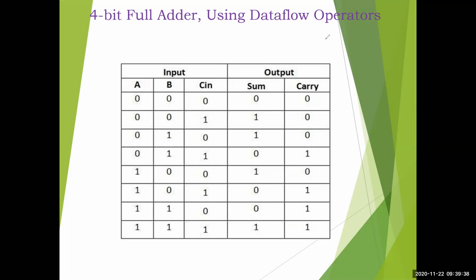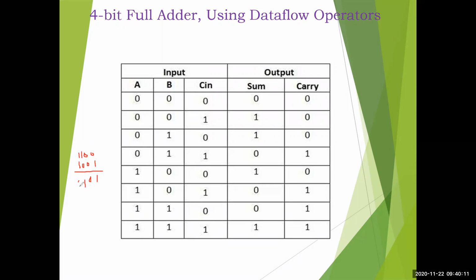Now I need to write the expression also for this, because I am just using arithmetic now. So what is that? Let me show you with this example. We have done 4-bit addition previously. I will show you here 1 1 0 0 and 1 0 0 1, something I will take, and do the addition here: 0 plus 1 is 1, 0 plus 0 is 0, 1 plus 0 is 1, 1 plus 1 is 0 with a carry, giving 1 0 1 0 1.